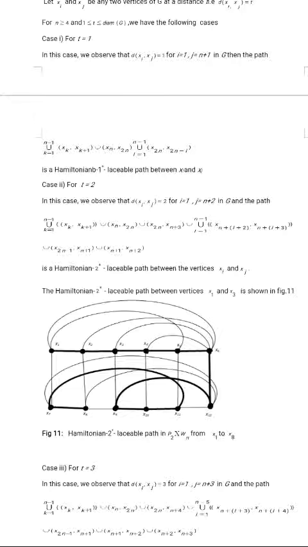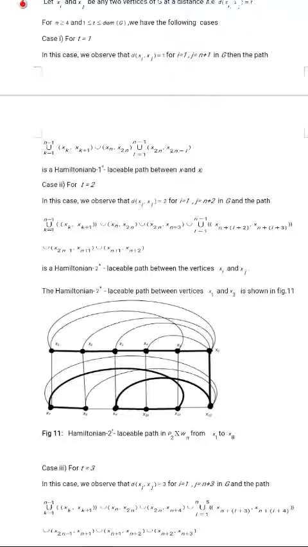Okay, a Hamiltonian path does not exist. For that it requires more edges. That more number in this case is 2 edges, 2 extra edges it takes. That's why it is Hamiltonian 2 star laceable.